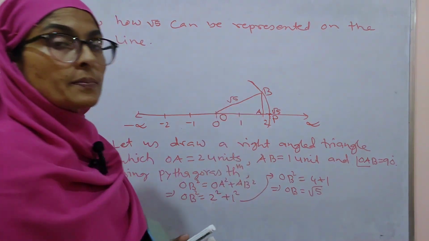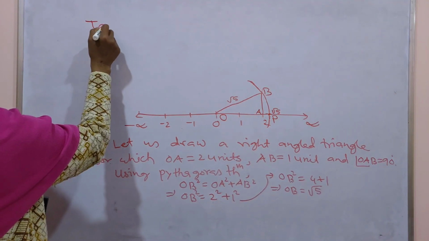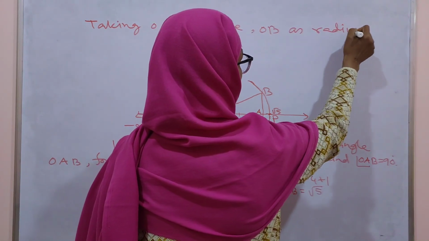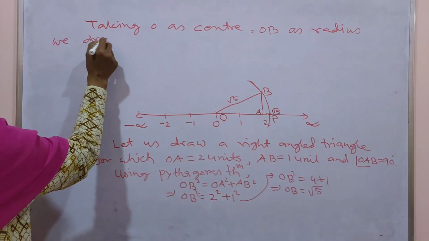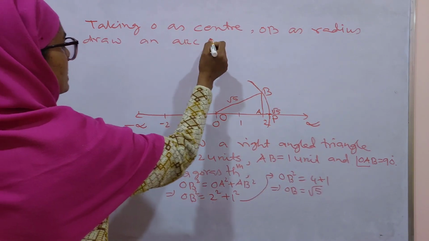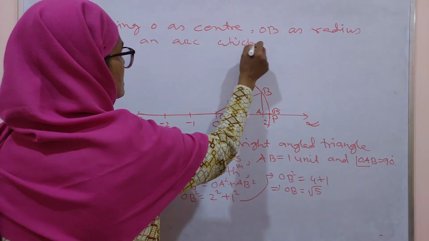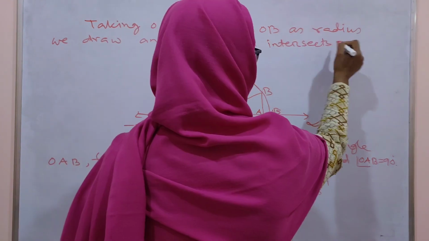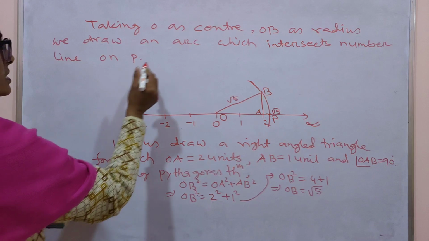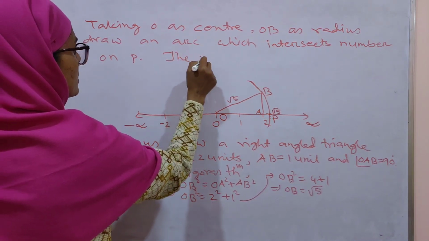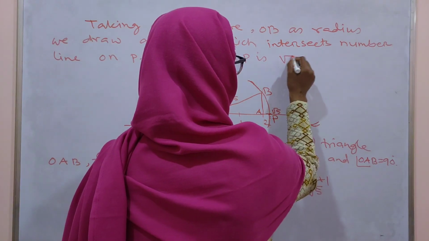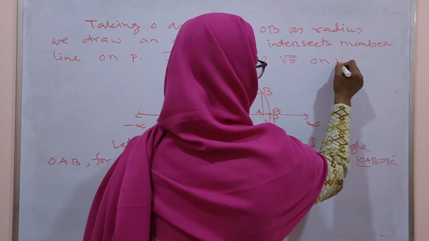After this you have to write: taking O as center and OB as radius, we draw an arc which intersects the number line at P. The point P is root 5 on the number line.